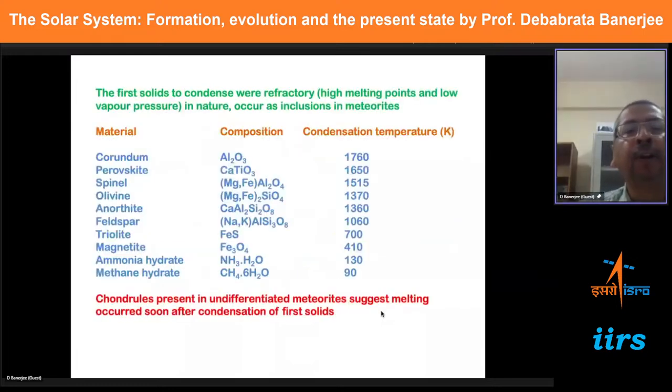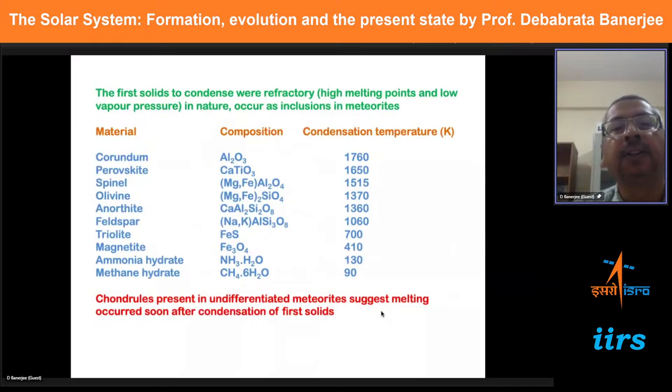Now I'm moving on to the next part. So this was about physical characteristics, the first part. This was about physical characteristics of the solar system, formation of the solar system, initial evolution of the solar system. And now I'm moving on to a little bit about meteorites. PRL has a very strong legacy in terms of meteorite research, and I hope to show some of that research here in the next 10 to 15 minutes.